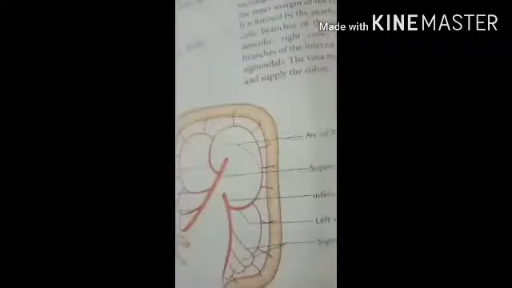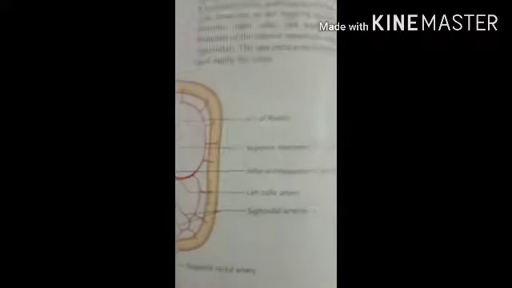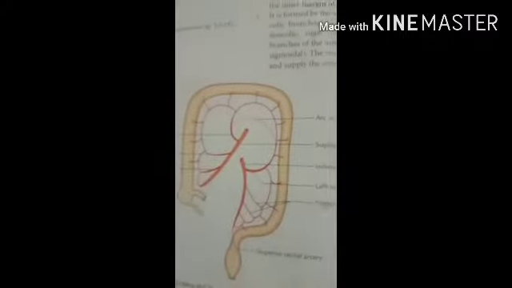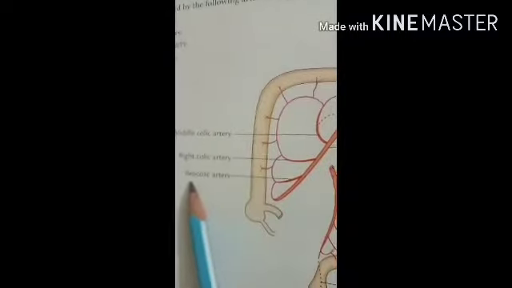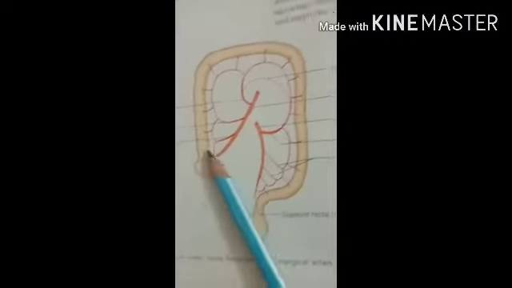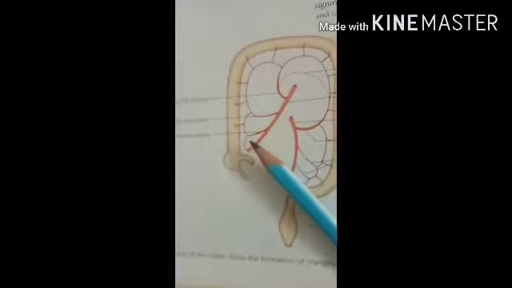It is supplied by some arteries. First, the ileocolic artery. You can see this is the ileocolic artery, and it is a branch of the superior mesenteric artery.